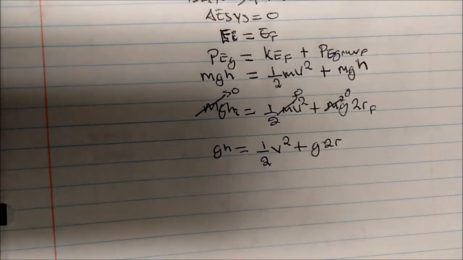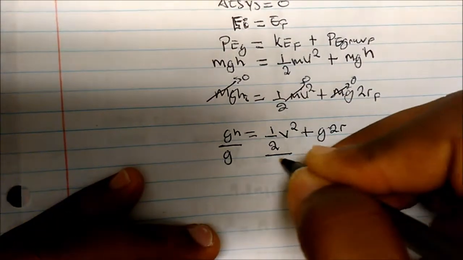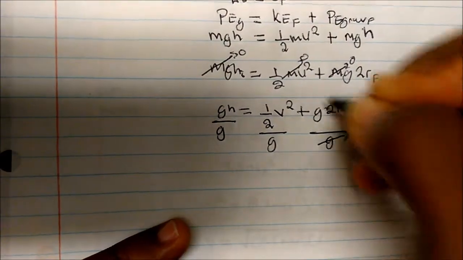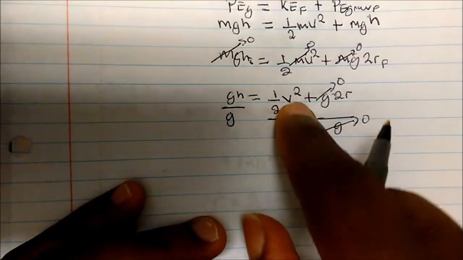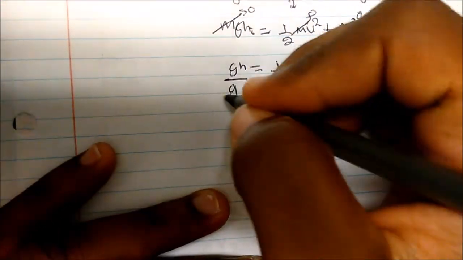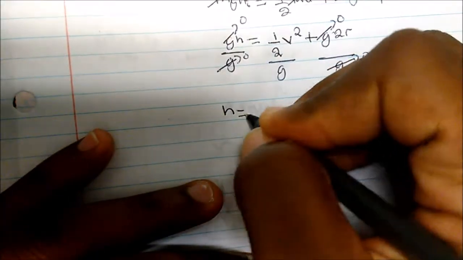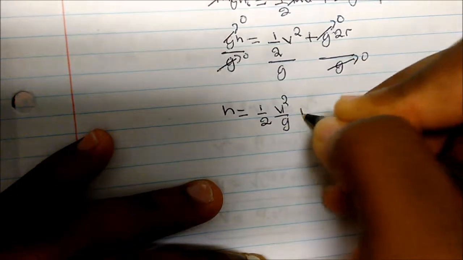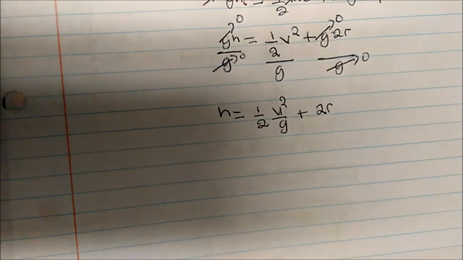Now, since I'm solving for height, I'm just going to go ahead and divide by gravity. If I divide by g on both sides, the g on the left goes away. For this one, I could factor out my 1/2 and just divide velocity squared by g. And so we get our height to be equal to 1/2 the velocity squared divided by g plus 2r.